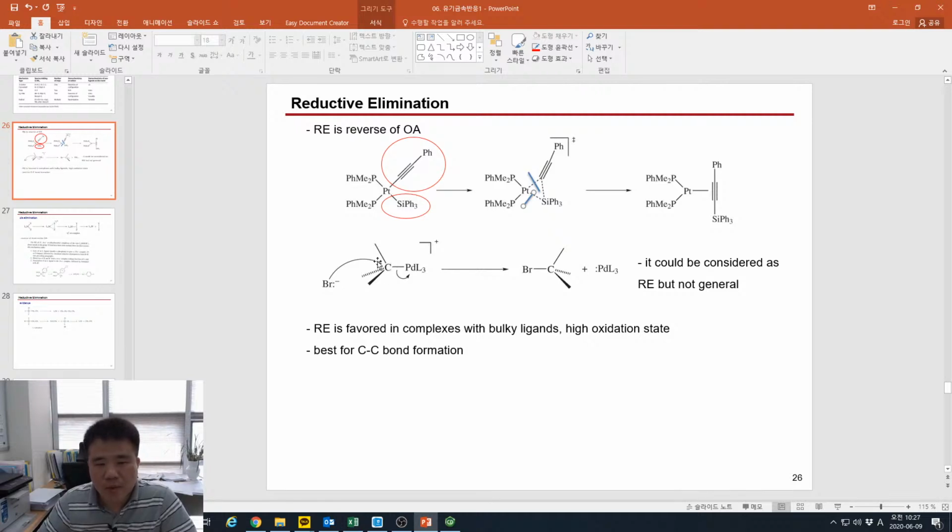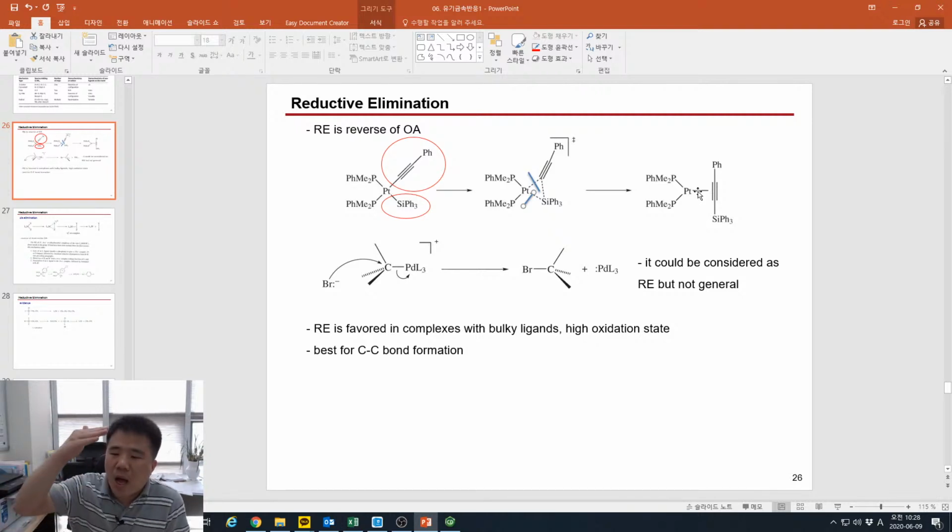Sometimes a nucleophile attacks the carbon and palladium is generated. It can be considered reductive elimination, but it is not general. So this first example is the general reductive elimination. During reductive elimination, the oxidation state is reduced, from +2 to 0 or +4 to +2.